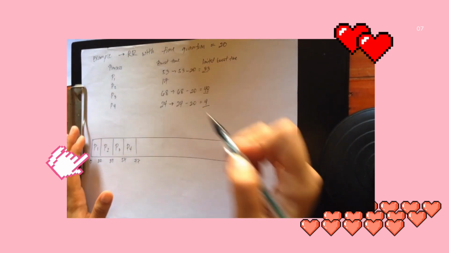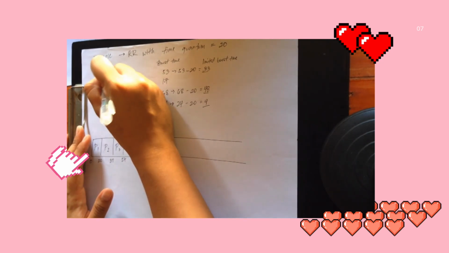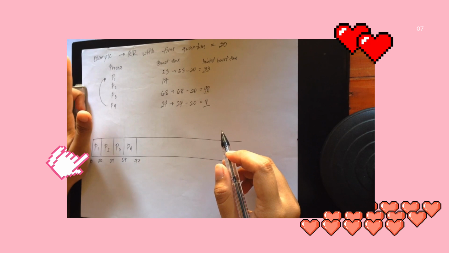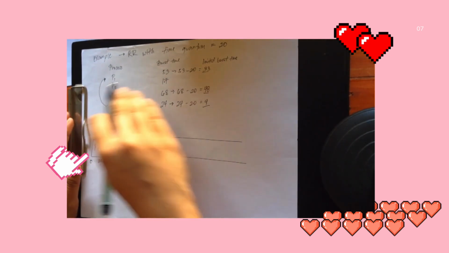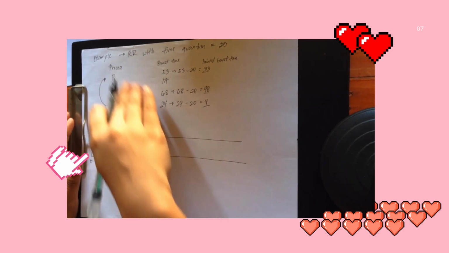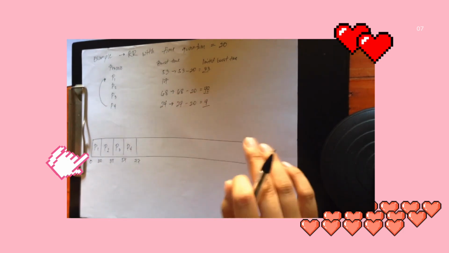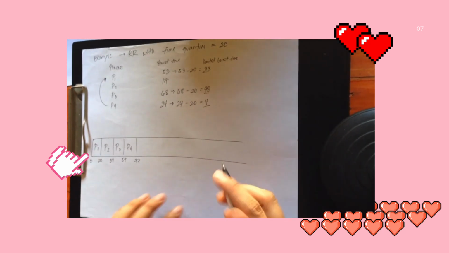So, we go back to P1. Round robin means we need to go back from P4 to P1 till our limited burst time becomes 0.